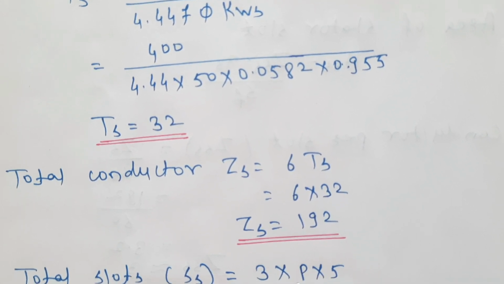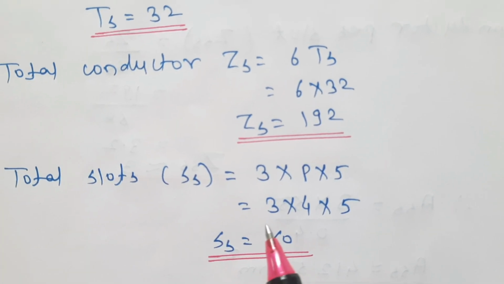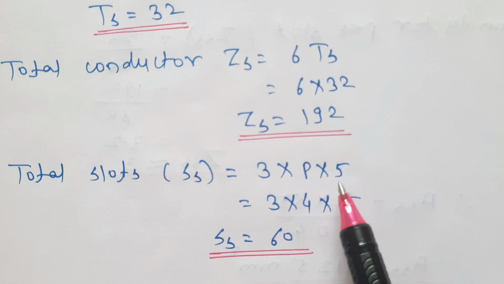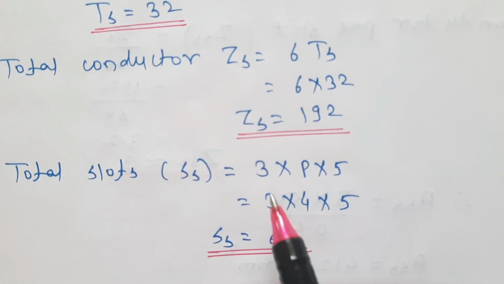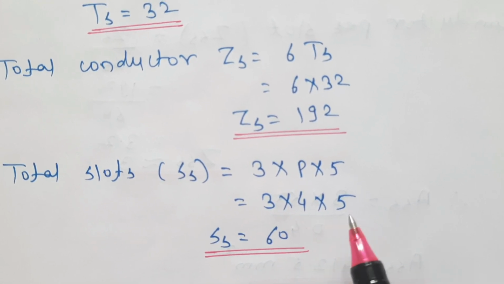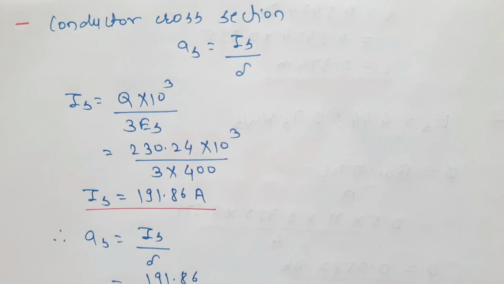From this we can find total slots, that is slots per pole per phase, the value of Q given in data, that is 5, number of poles is 4, and number of phases is 3, therefore 3 into 4 into 5, therefore number of stator slots is equal to 60.